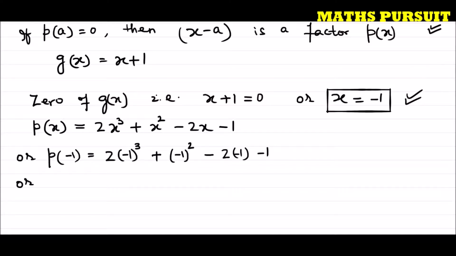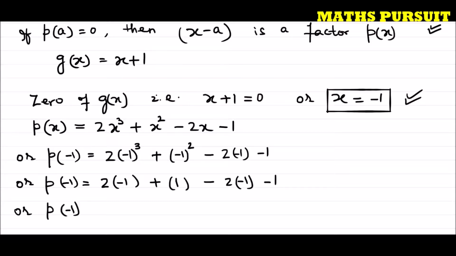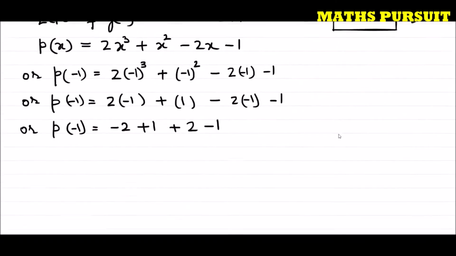Or p(-1) = 2 into minus 1 is minus 2, plus 1, plus minus 2 into minus 1 is plus 2, minus 1. This is what we are getting till here. Hope guys I am very clear till here.